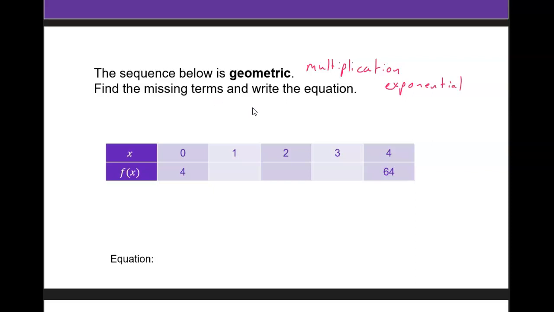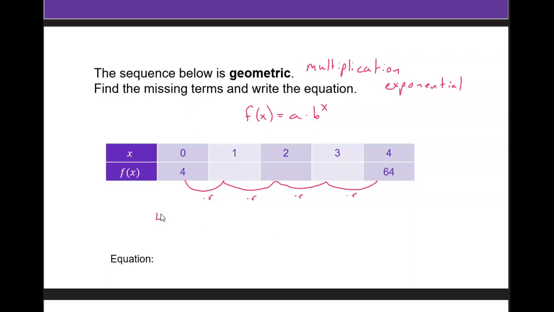Okay, so we remember our form for the equation is f of x equals a times b to the x. A is our value at 0. B is our common ratio. So our method to do this was, we realized we're going to multiply by the same thing at each step. So there are 4 steps here, 1, 2, 3, 4. And we're going to say we're going to multiply by r each time, r for common ratio.